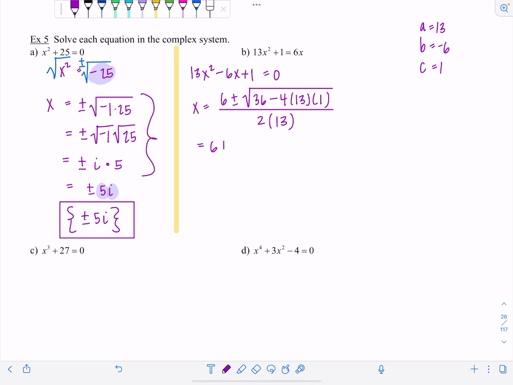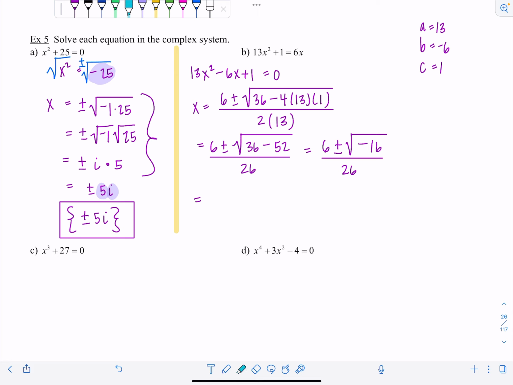So this is 6 plus or minus the square root of 36 minus 52, over 26, which gives me 6 plus or minus the square root of negative 16 over 26. Okay, so square root of negative 16, remember what I told you. You take the square root as if you normally would if the number wasn't negative, so that would be 4, and then just slap an i on there. So 6 plus or minus 4i over 26.